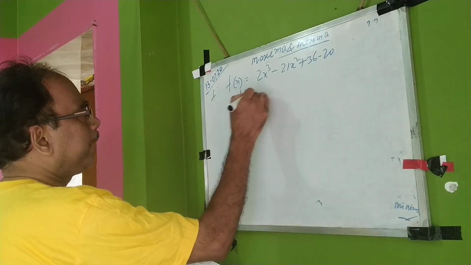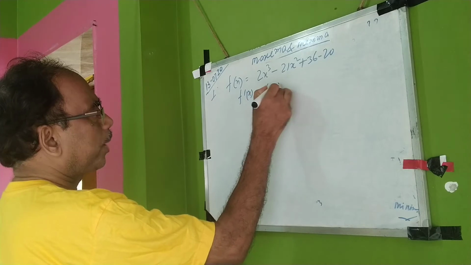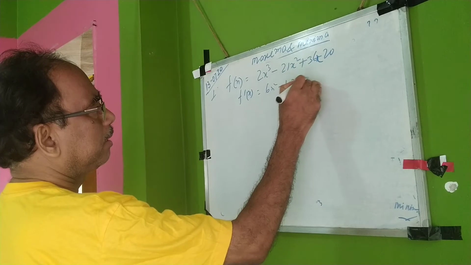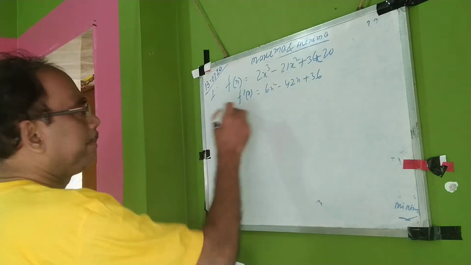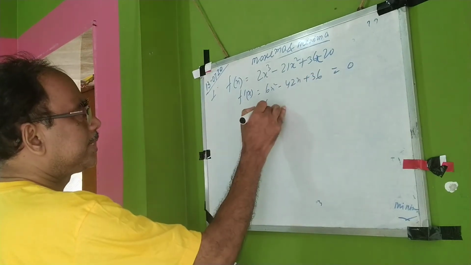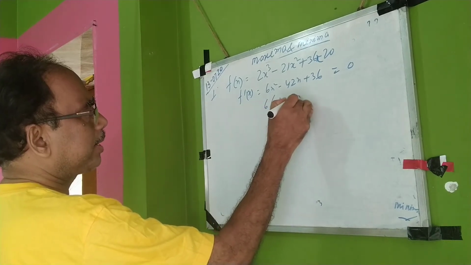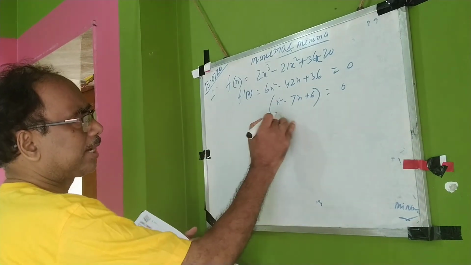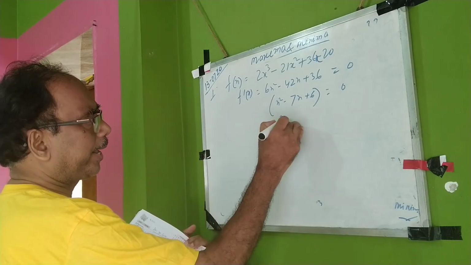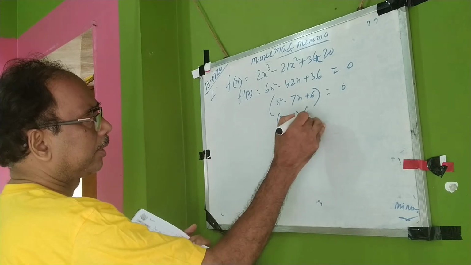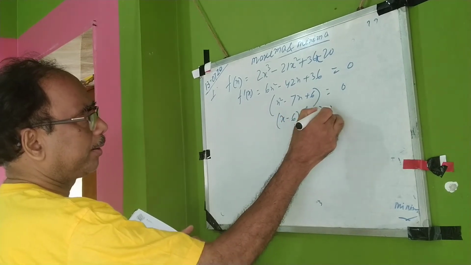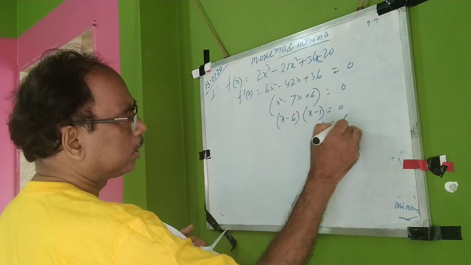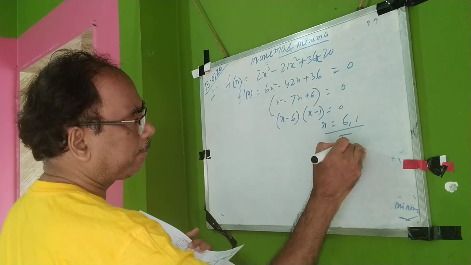Here, f dash x equals 6x square minus 42x plus 36. f dash x equals 0. Then 6 common, x square minus 7x plus 6 equals 0. Factorize this, you will get (x minus 6)(x minus 1). Then x equals 6 and 1. That is your turning point.